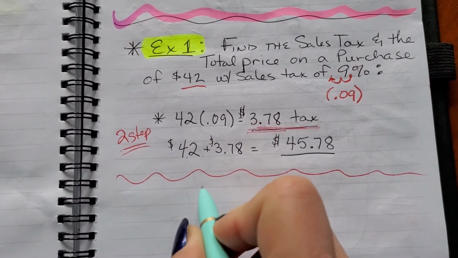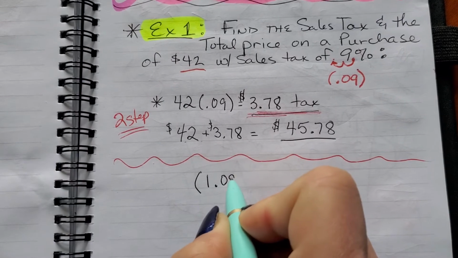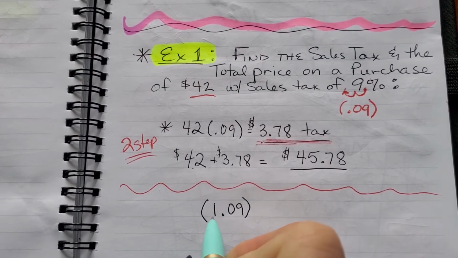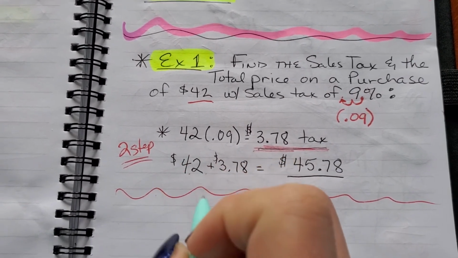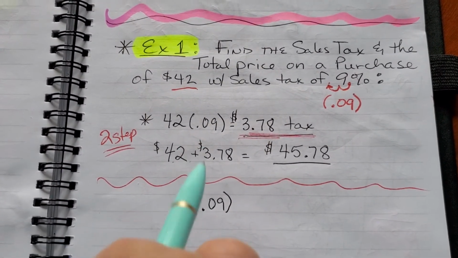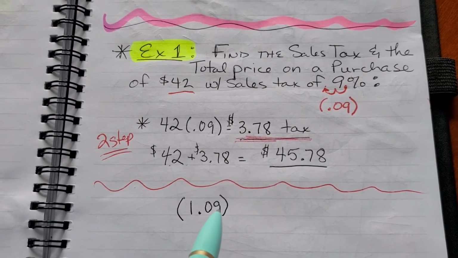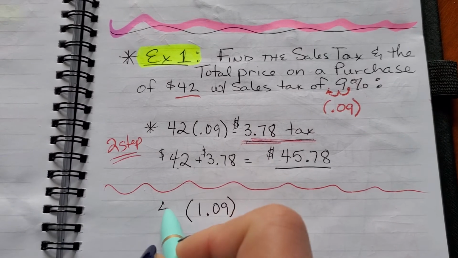That 1 in front, when we add 1 plus 0.09, our percentage of tax, this 1 will multiply by our original cost and re-add it. So if instead of doing two steps, we add that 1 for adding a percentage onto something, this will get it done in one step.